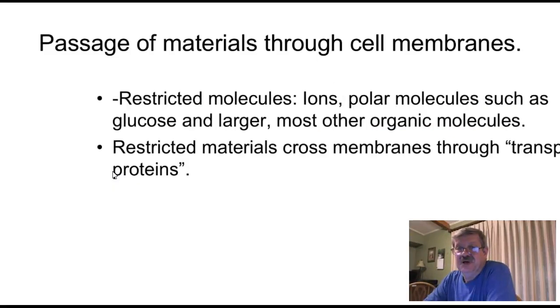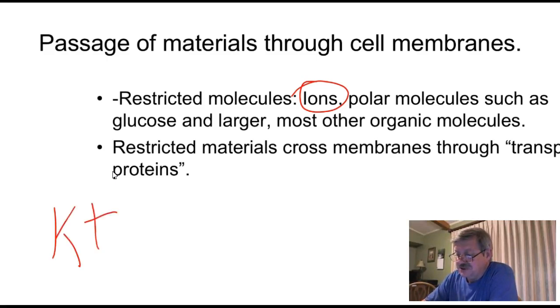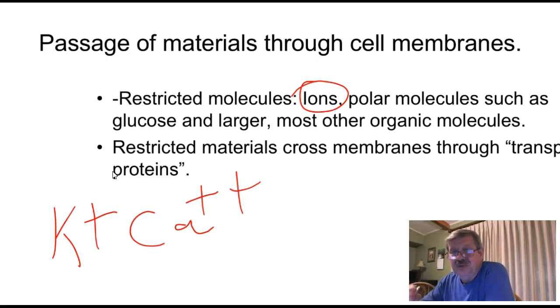What does not pass through the membrane to get in and out of the cell are the ions, things that are electrically charged: potassium, calcium. They have a strong electrical charge, and that is repelled by the fat-like interior of the membrane of the phospholipid bilayer.